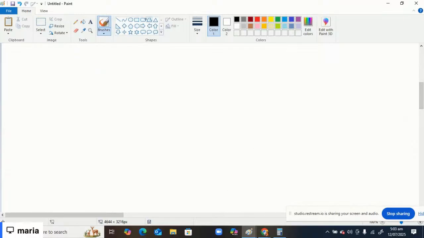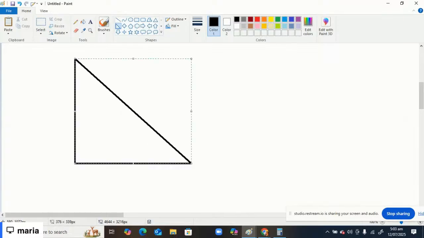Let's draw the triangle. Here is your triangle, and the angle which is given is a 90-degree angle.